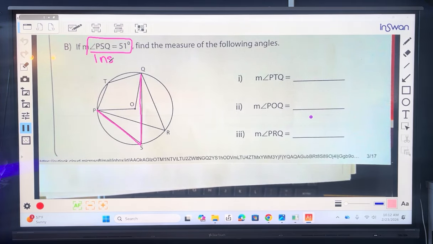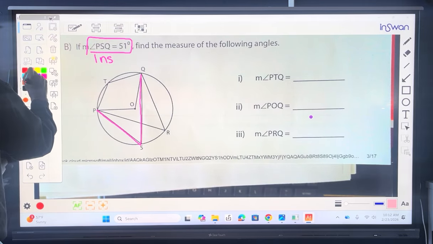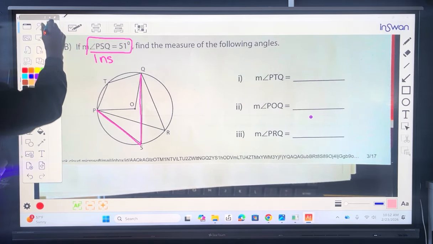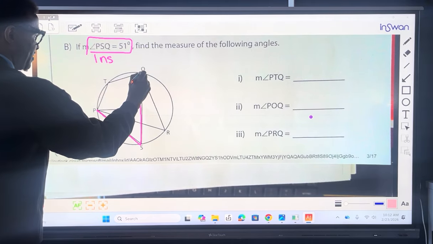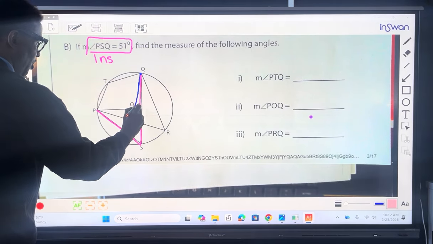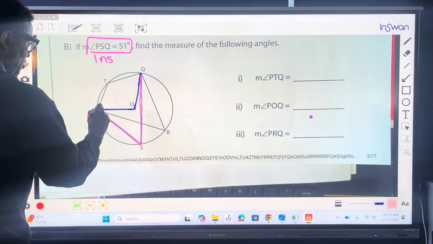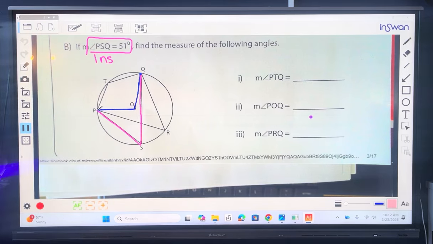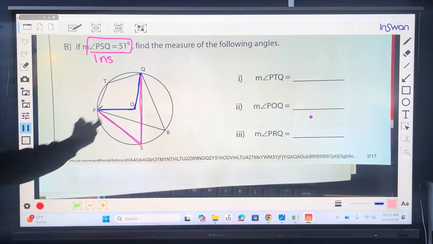Nah, that's inscribed, right? So that's 51. So if that's inscribed, one thing I can easily get on the inside of that with Q, O, and P is my what angle? Central, because it's with the O.